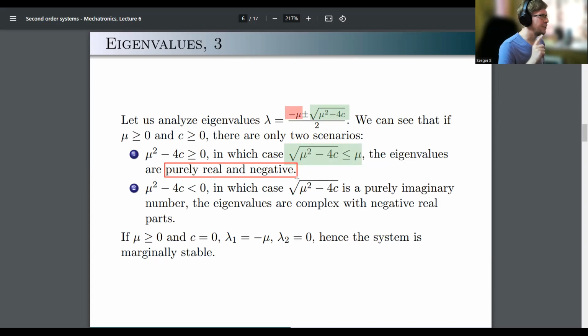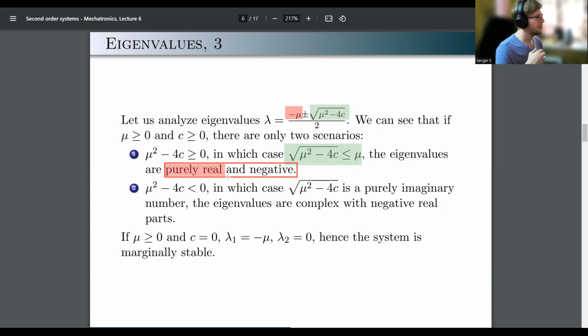Now, the fact that the real part will be negative was clear from the beginning because we remember this was our condition. So it's no surprise that they're negative real eigenvalues. What is surprising is that they are purely real.